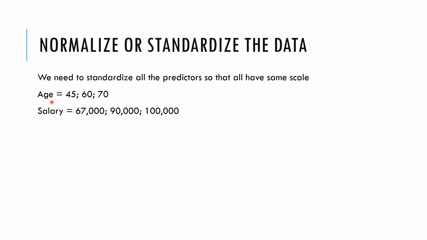You cannot say that this variable is more significant than that one mainly because the scales are different. That is not the criterion here. The same applies to principal component analysis also. To calculate the principal components, we need to transform all the variables into the same scale, and that's why we follow this standardization or normalization of data.